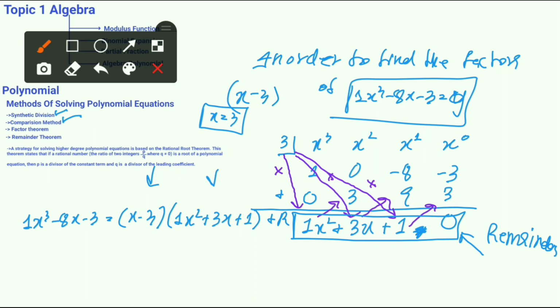We got the factor and the quadratic equation. If you multiply these two, it will come back to the cubic equation. So we have found it through synthetic division, and now I'm going to find it again by the comparison method.